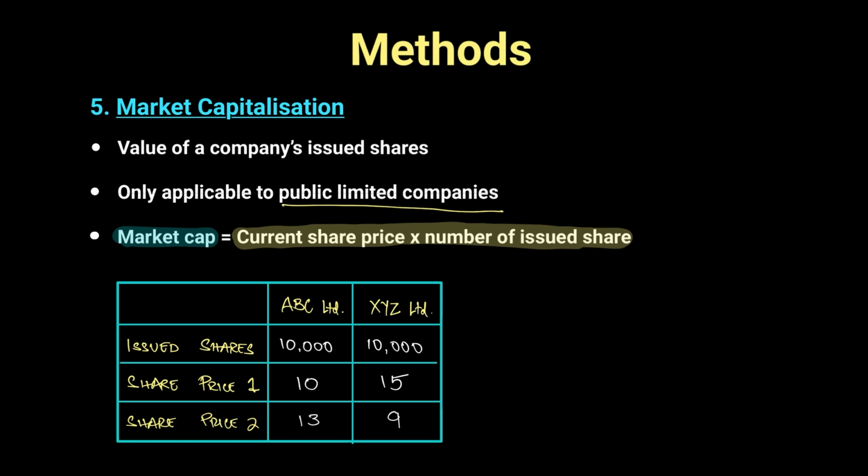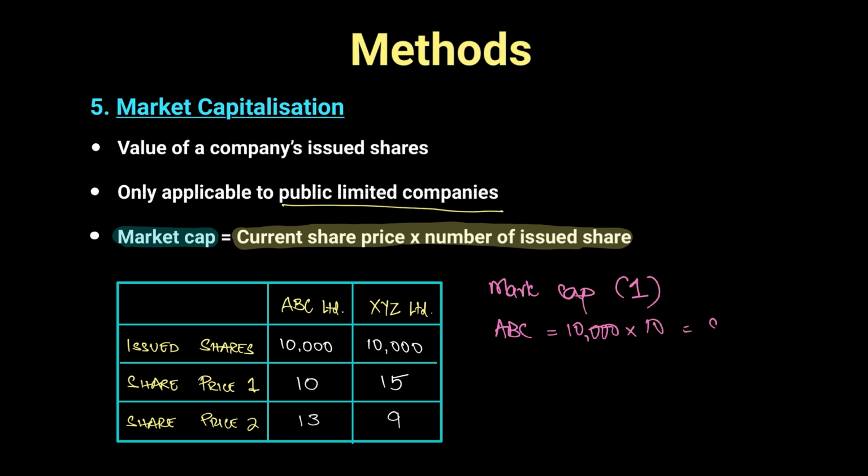Now let me explain this with a simple example here. Let's take these two companies, ABC Limited and XYZ Limited. Both of the companies issued 10,000 shares. Let's look at scenario number 1, where ABC is trading at $10 a share and XYZ is trading at $15 a share. When I calculate the market cap for both these companies at scenario 1, my ABC is 10,000 multiplied by 10.